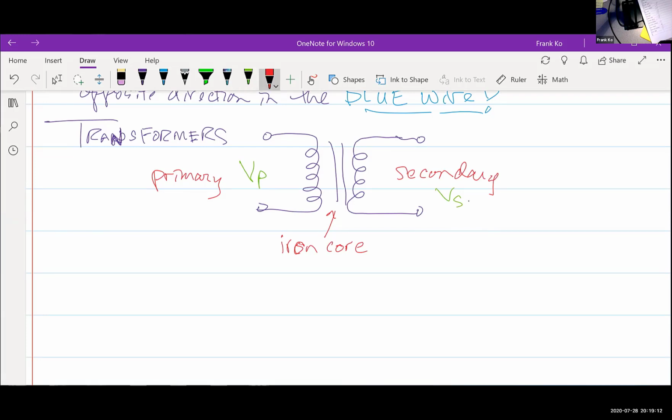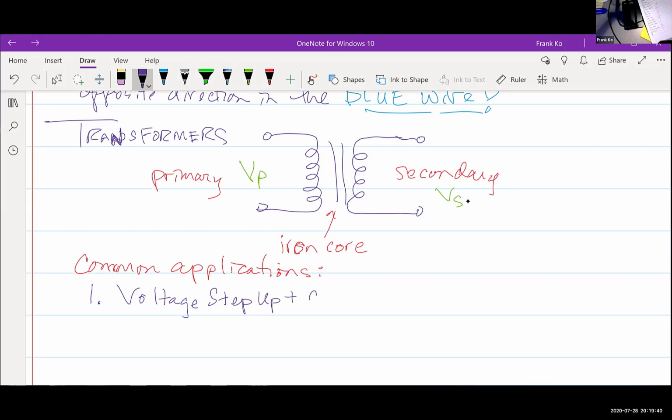Now the uses, common applications. With this one, I don't want to put it there, so I'm going to put this over here. Number one, voltage step up and current step down.